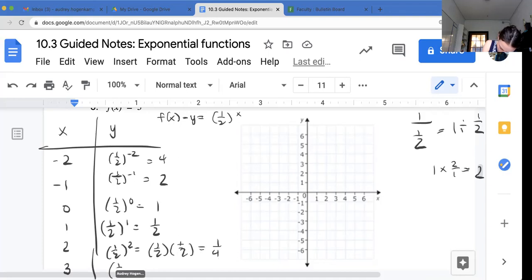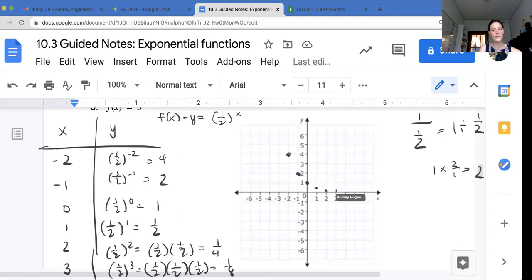And then we have 1/2 cubed, which is equal to 1/2 times 1/2 times 1/2, which is equal to 1/8. Okay, so I have my points and I'm going to go ahead and graph them. So I'm going to get -2, 4, -1, 2, 0, 1, 1, 1/2, 2, 1/4, 3, 1/8.